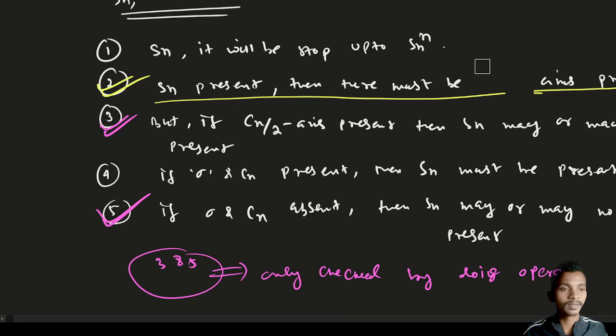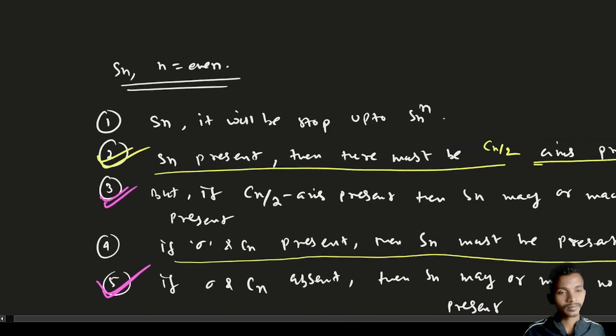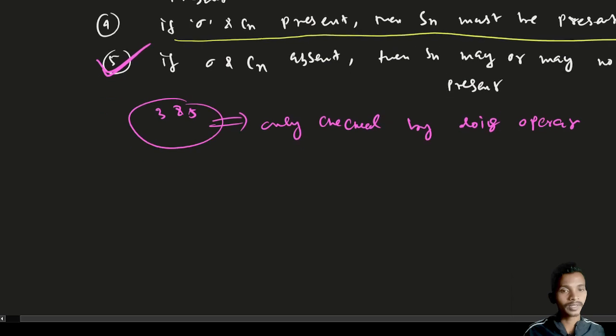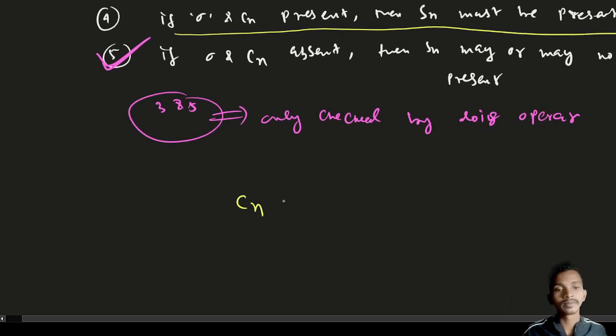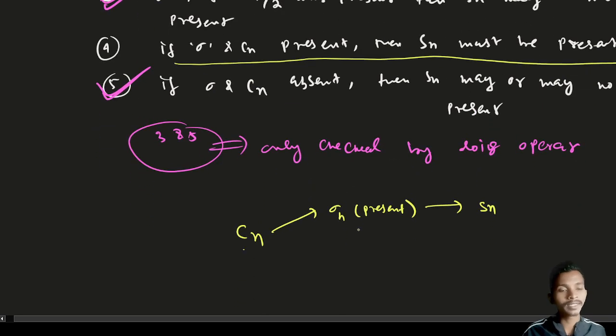I will write it here. So suppose Cn exists and sigma h is present, then we will get the Sn axis, because Cn is present and sigma h is present. Then Sn must be present. This is a must.